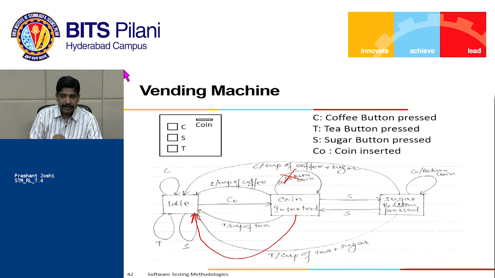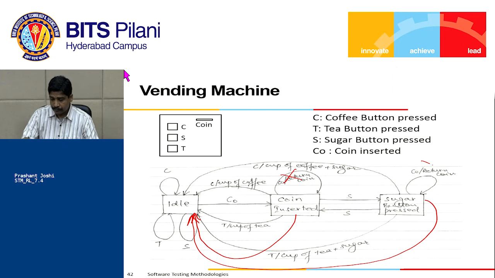So this should not exist. If a coin is expected to be returned after pressing sugar, then as well we'll need to return back over here. This doesn't seem correct.